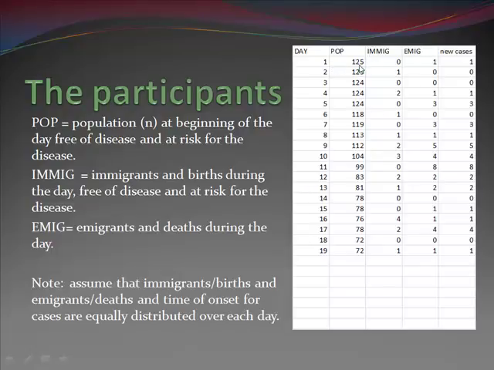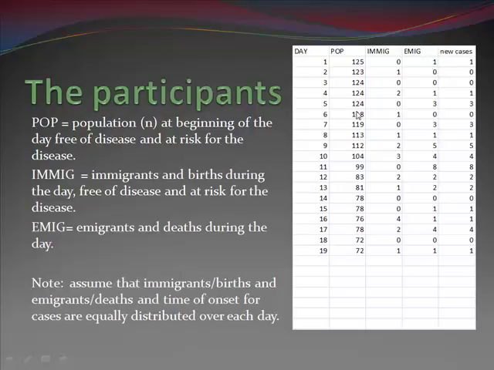But, as I suggested in our tour, there may be new members of the population coming in, such as immigrants or births, and these would be added in this column here. Likewise, we may have emigrants or deaths during the observation time. On this particular day 1, there was one person who either died or left the cohort.